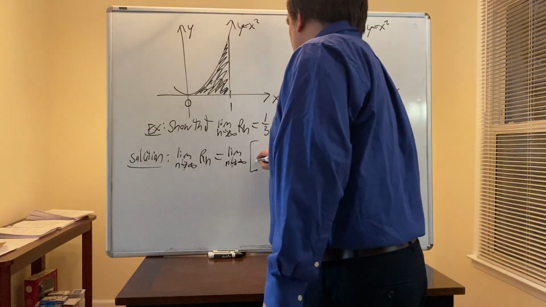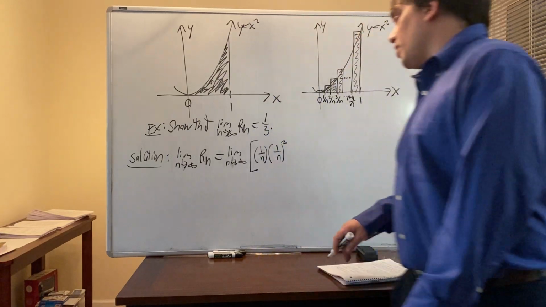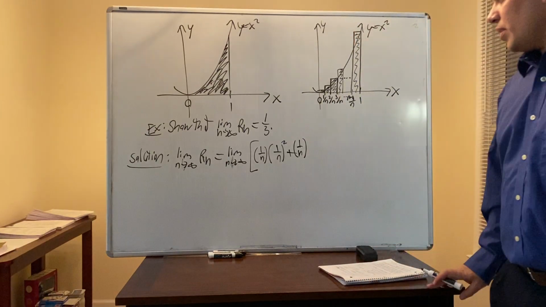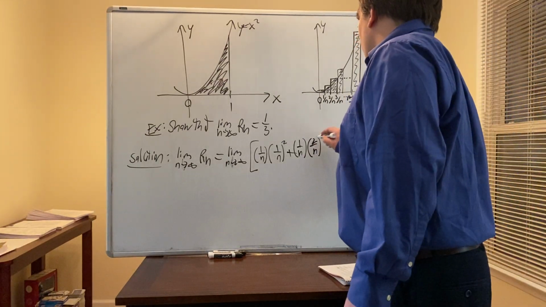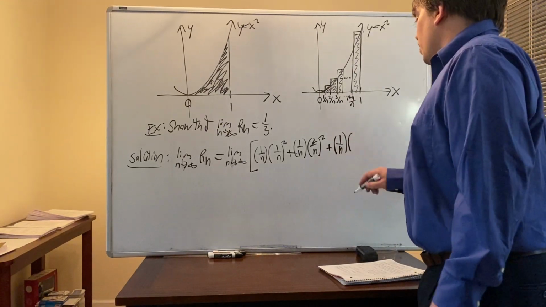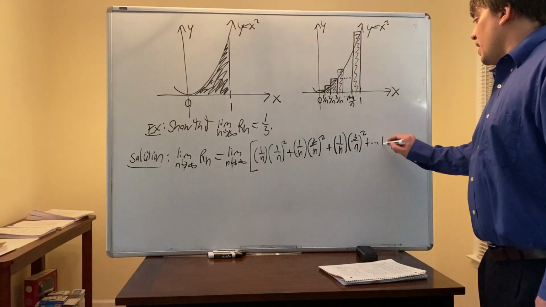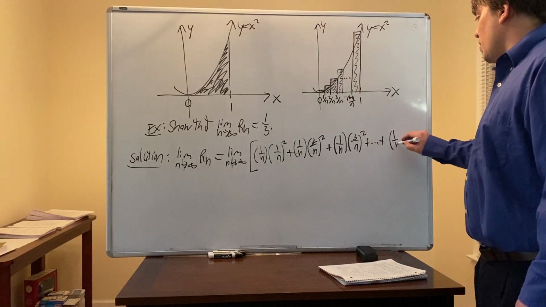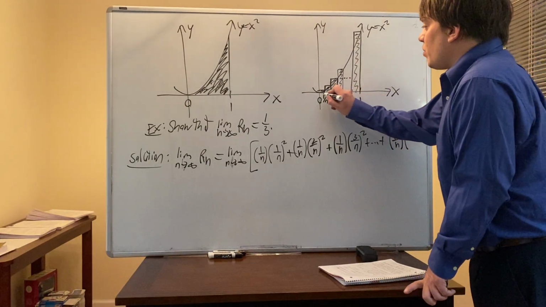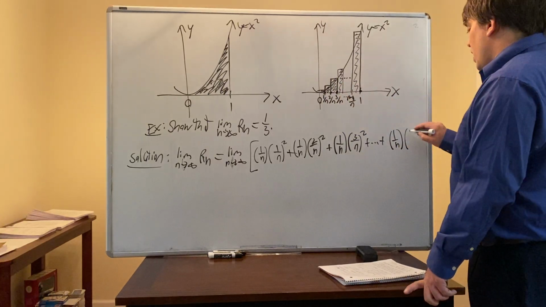That means the base of length 1 over n times the height of the first approximating rectangle, which is 1 over n squared, plus the base of the next, 1 over n, times the height, which is 2 over n squared, plus the base of the third, 1 over n, times the height, 3 over n squared, plus and so on. The nth approximating rectangle also has length 1 over n, times the height using the right endpoint, which for the last one is 1, or n over n squared.